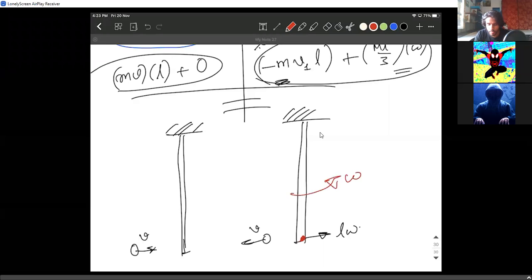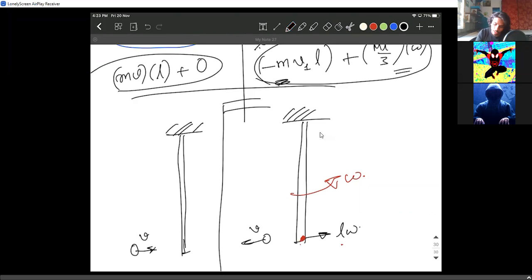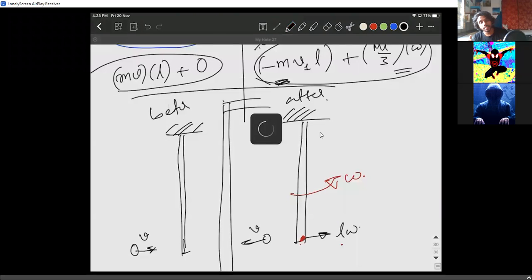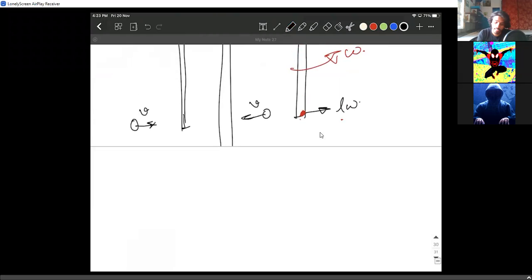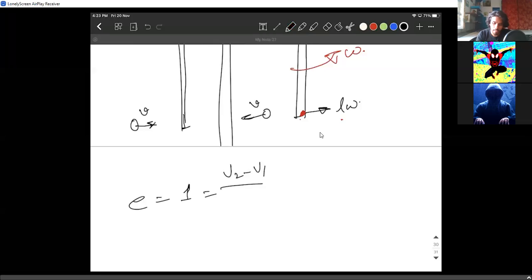It is rotating with omega, so this point is clearly going with L omega. The velocities right before the collision and right after the collision simply give us the velocity of approach and velocity of separation. If you remember, e equals 1, which is nothing but v2 minus v1 by u1 minus u2: velocity of separation over velocity of approach.